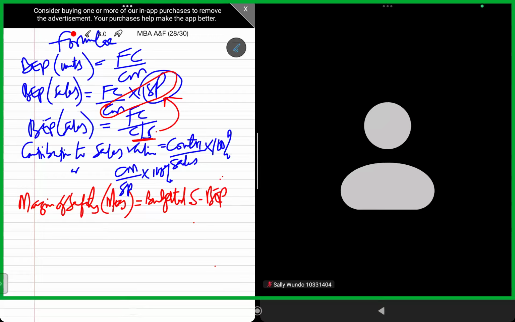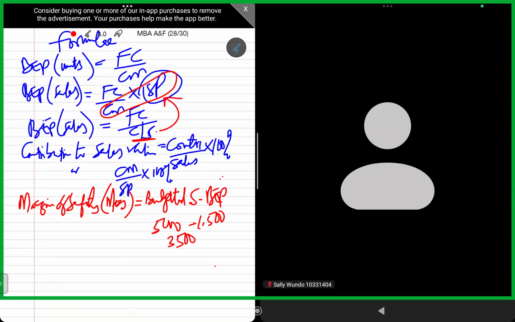So if the business has budgeted to sell 5,000 units and the break-even point is 1,500, it means the business must sell 3,500 to make profits, because they've estimated to sell 5,000 units, but the break-even point is 1,500. It means that after the break-even point of 1,500, the business has to sell 3,500 to actually make profit.